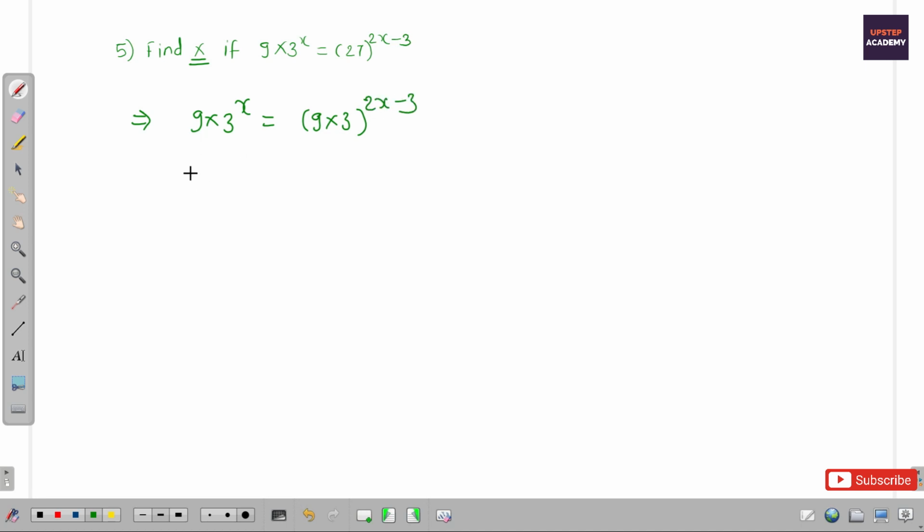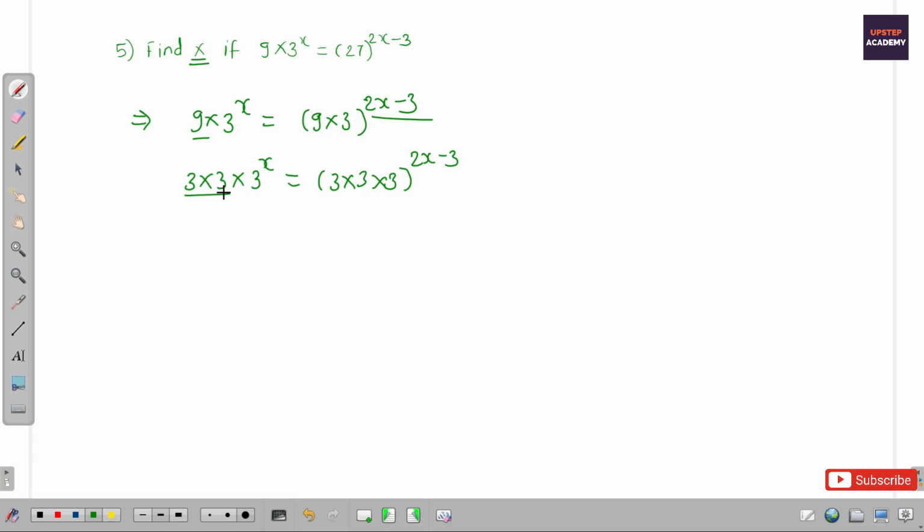So we can convert this 9 into factors: 3 into 3 into 3 raised to x. 9 I have converted into 3 into 3, and this 3 will remain as it is and this power will remain as it is, right?